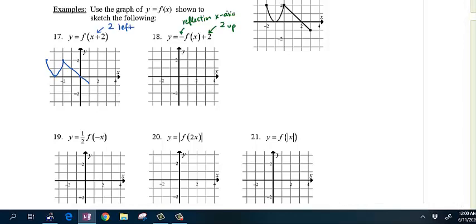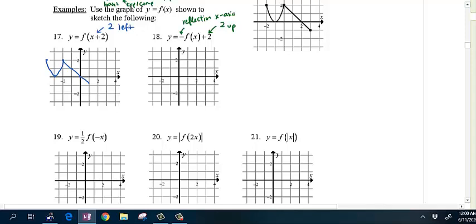Some of you may have learned the acronym BERT. B-E-R-T: start with the basic graph. E stands for your expansion compressions. R, of course, stands for your reflections. And then lastly, we do our T, translations, shifting left, right, up, down.